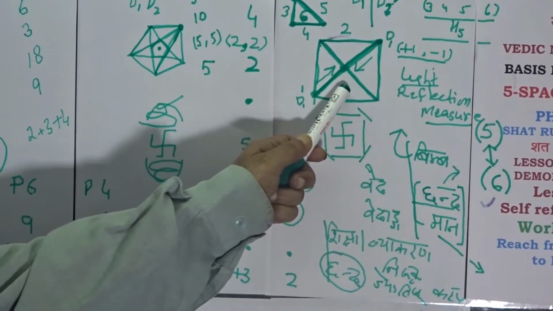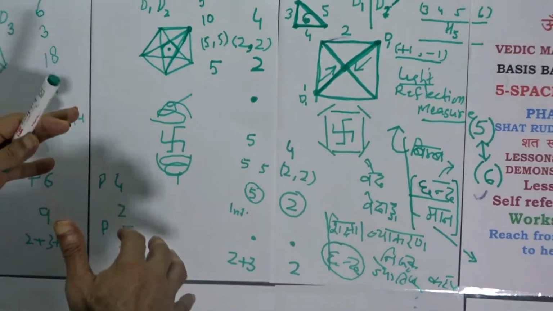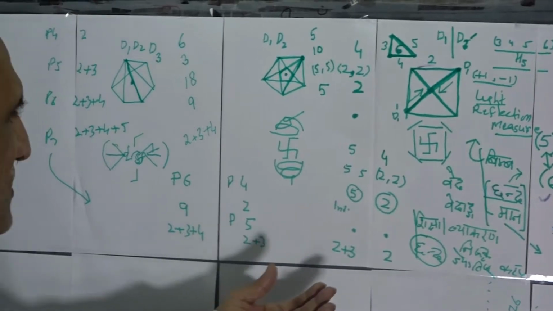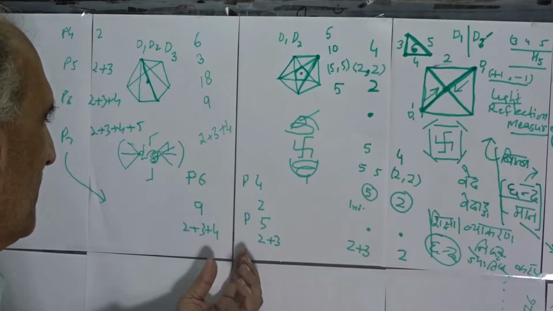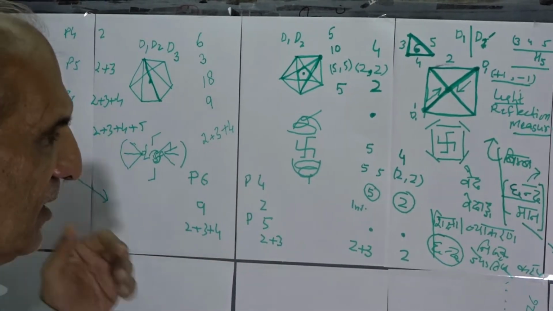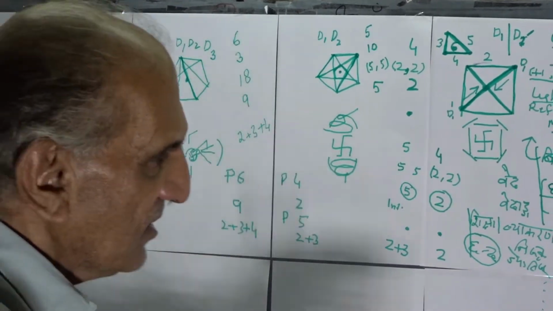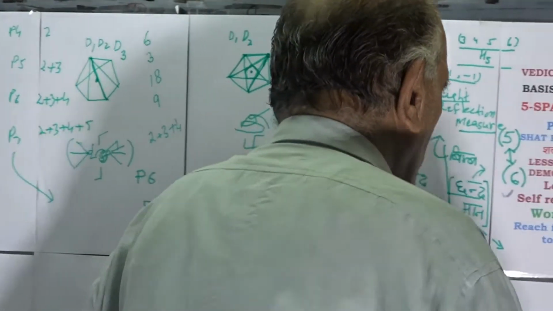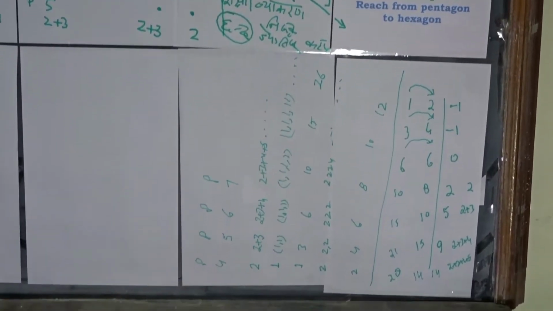The internal diagonals of the polygons lead us to the sequence of 2, 2 plus 3, 2 plus 3 plus 4, 2 plus 3 plus 4 plus 5, and so on. Further, let us see that the dimensional synthesis phenomenon as well is leading us to a parallel reach.